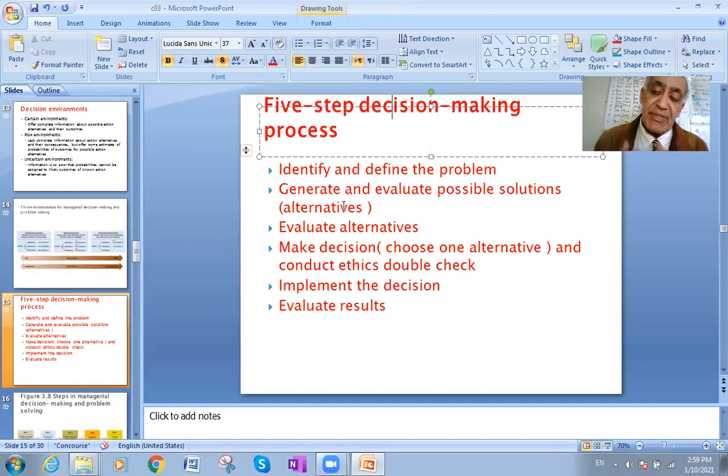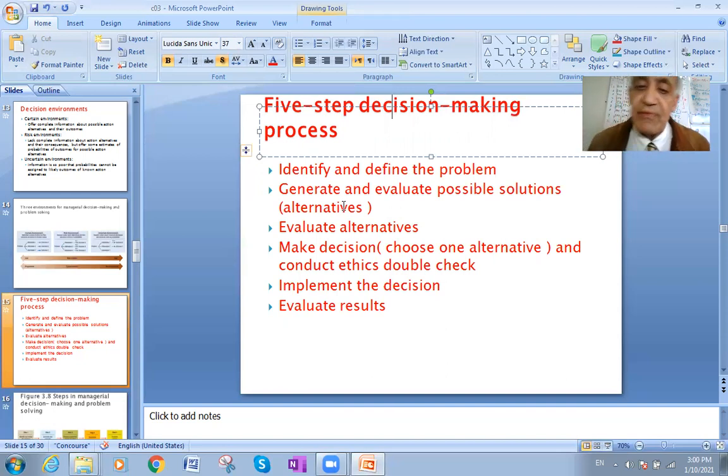We said data is raw material, information is output. So we use the information in decision making, we do not use the data. We talked about the management information system. We talked about the decision environment. We say we have certain environment, we have uncertain environment, and we have risk environment in between them.